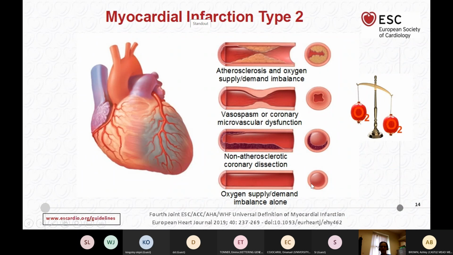Another rare thing is you can even have oxygen supply imbalance without there being narrowings. So, for example, if you have very severe aortic regurgitation, that can increase the diastolic pressure because all the blood falls back into the left ventricle.